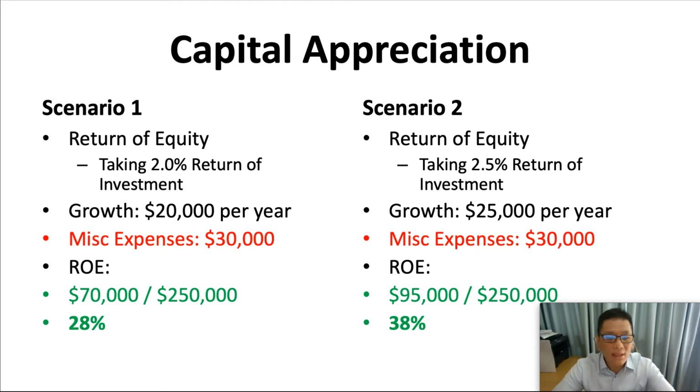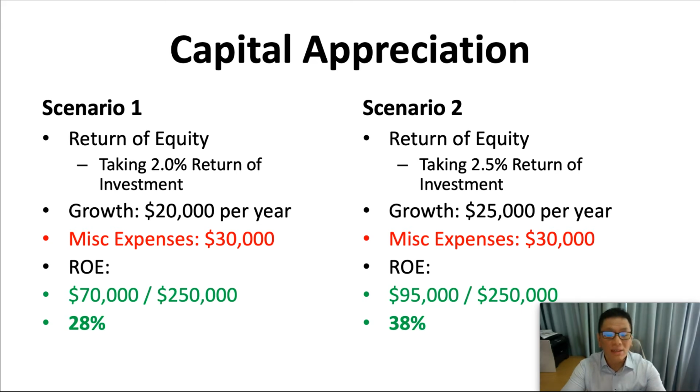A 2% return per year for a property over 1 million means the growth is only 20,000 per year, minus off the expenses of 30,000, which comes from the maintenance fee and the property tax. So the return on equity, which is 70,000, is your total income minus your expenses, divided by how much money you put down, which is 250,000.